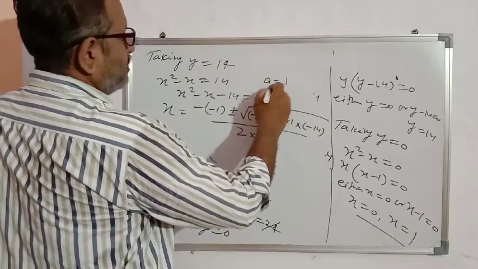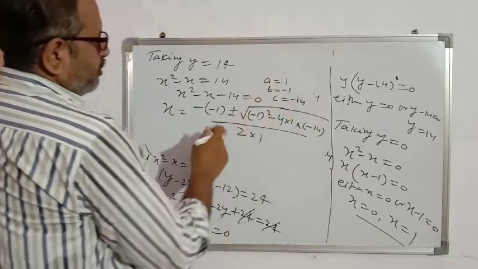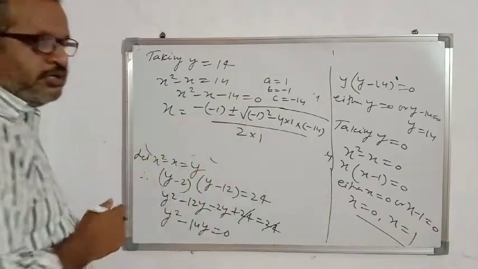Here A is 1, B is minus 1, C is minus 14. The formula is minus b plus minus under root b square minus 4AC upon 2A.